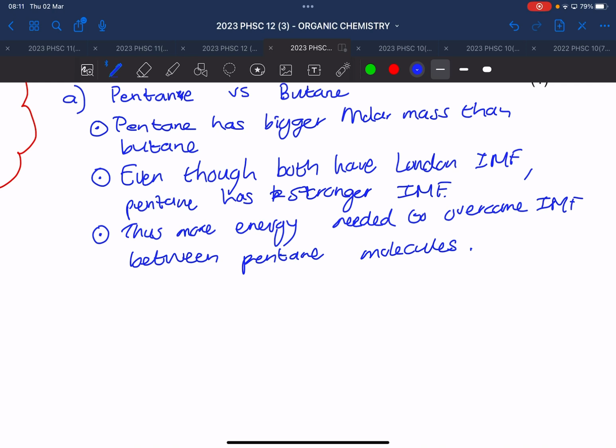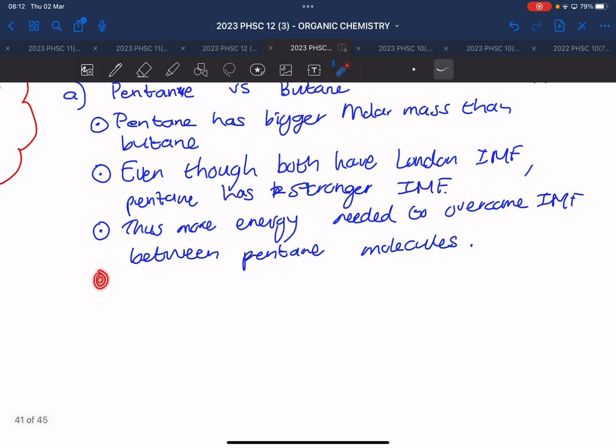You can't just say that more energy is needed, or that more energy is needed to overcome intermolecular forces. You must say more energy is needed to overcome intermolecular forces between pentane molecules. Not inside pentane. You don't want to break the bonds. Every word is important. And then our last point is thus pentane has a higher boiling point. I'm going to abbreviate a bit now.